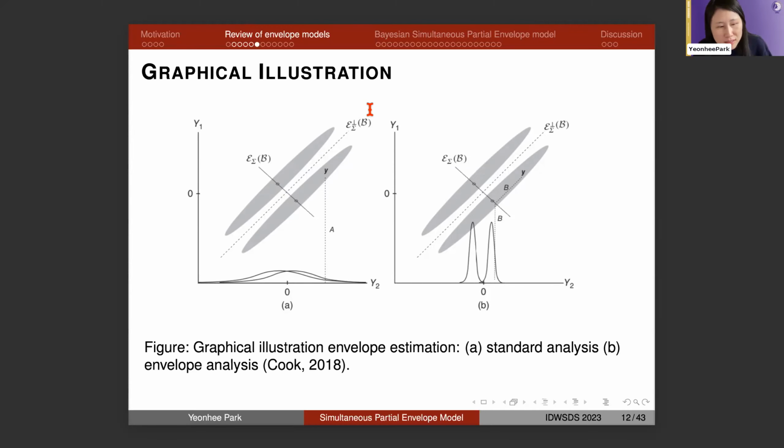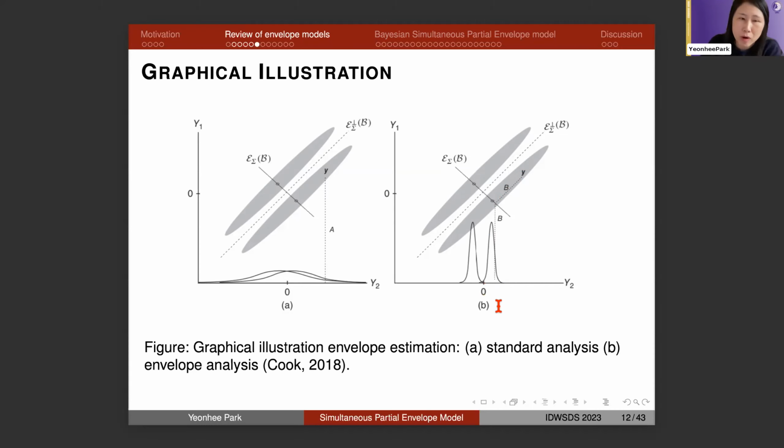So recall that in standard analysis, X beta hat is the projection matrix times Y. So we do inference by projecting the data onto the X space. So in the left panel, using the standard model, we just project our data onto the X space. In the right panel, using the envelope model, we project the data Y onto the envelope space to remove the immaterial part, and then project it onto the X space.